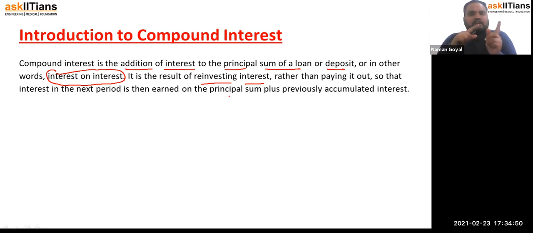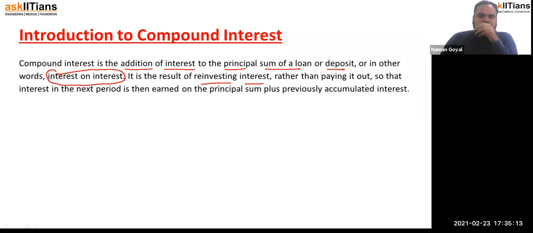So now I invest 11,000 in that project. Now the second time, interest is applicable not on 10,000 but on 11,000. So it means interest is applicable on interest.